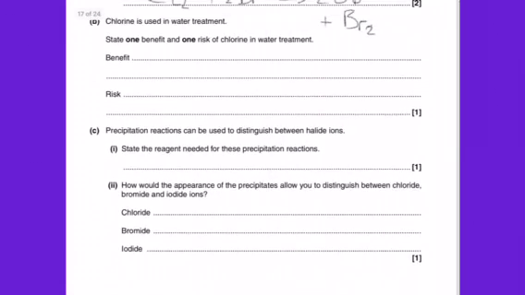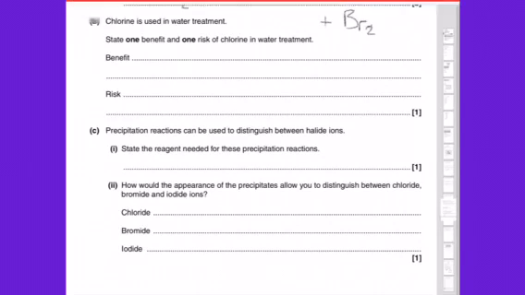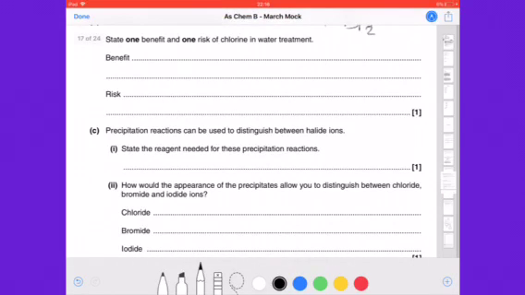One benefit and one risk of chlorine in water treatment. The benefit is that it kills bacteria. Okay, and the risk is that it is toxic in high concentrations.